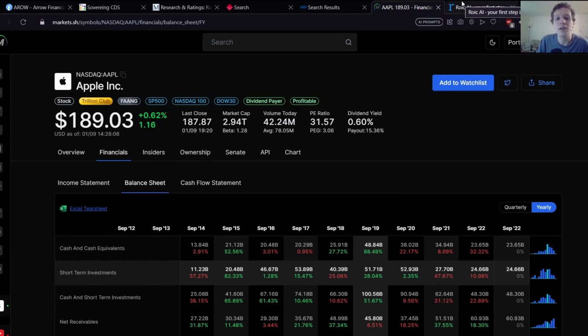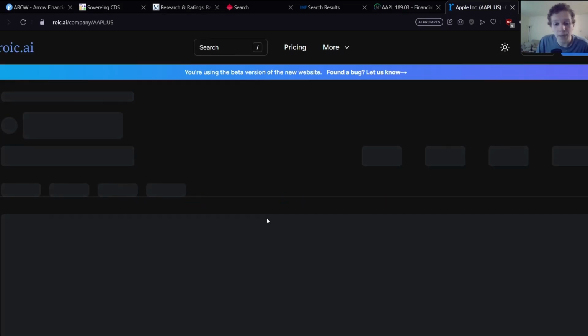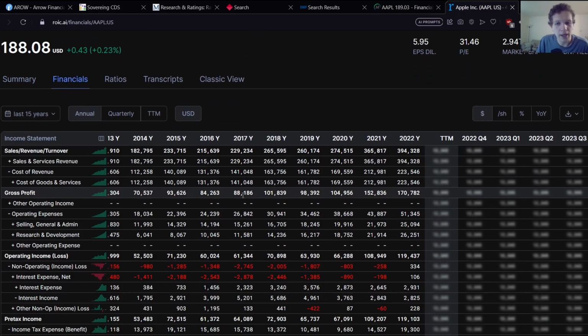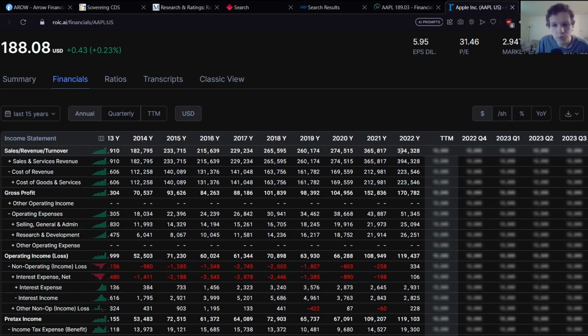And then a similar website that does that is ROIC.ai. And we can just go into Apple here and into financials, for example. And it's the same deal. They do have some premium features, such as showing you quarterly data and the trailing 12-month data. But at the same time, here there's data since 2008 all the way till 2022, and that data is just completely free.